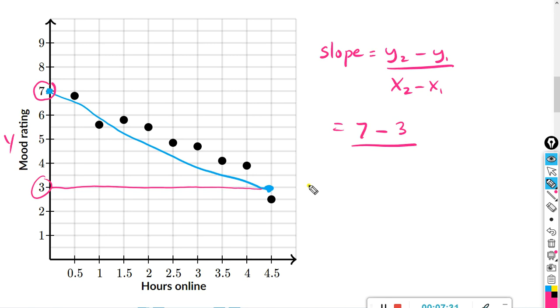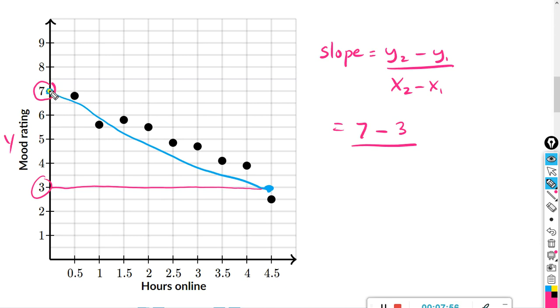All right. And now for the change in x. All right, make sure you're subtracting the same way. So for the y, we started here, and then we did this one for the second point. So make sure you do the same thing for the x. See, the 7 was first, so that means I started here. I want to start here also for the x.